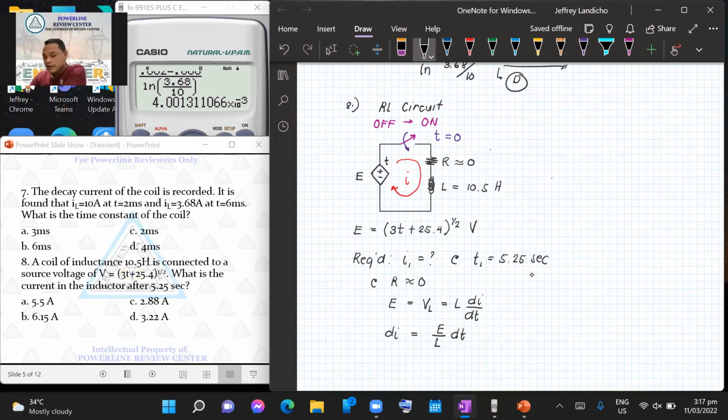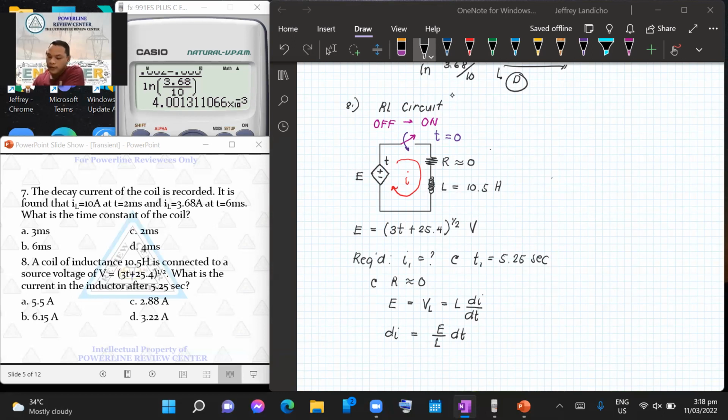So you have di equal to E over L dt. Hindi siya partial dE; yung solutions talaga niyan, para tayong naka-differential equation. So you have di equal to E over L dt, separating the variables.